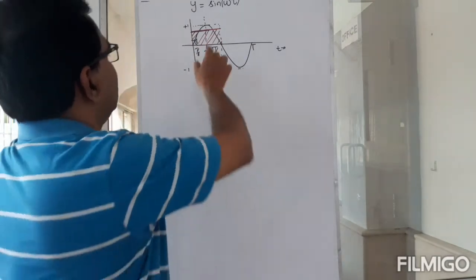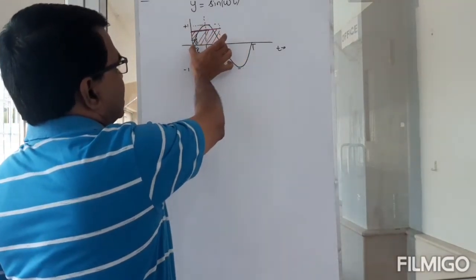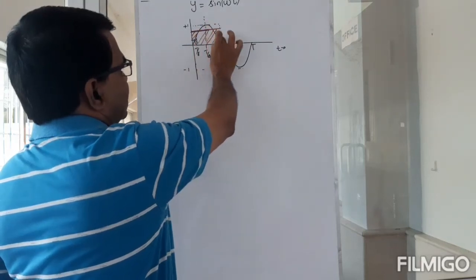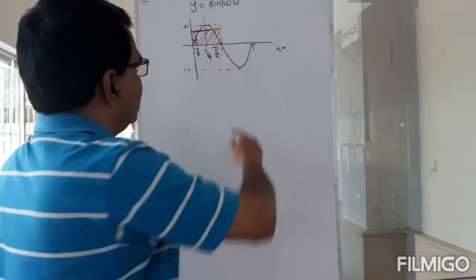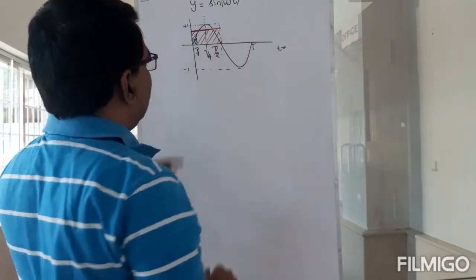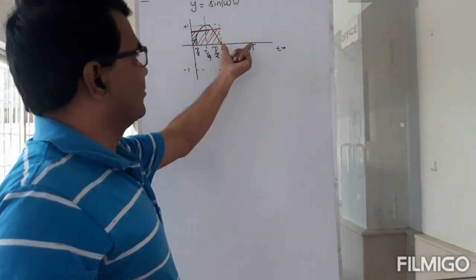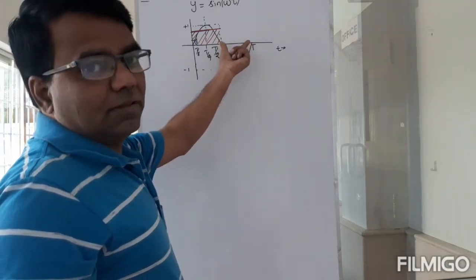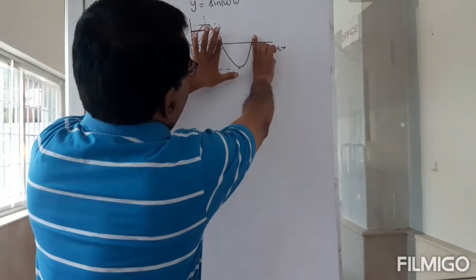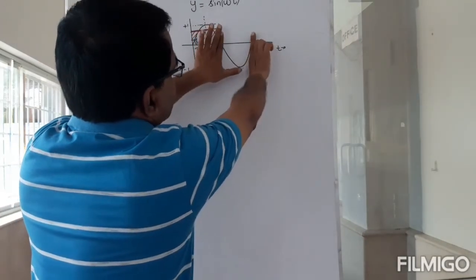Well, these are all positive values, and this is the same time, so I'll get some positive number here. Notice this. This is all negative, and I'm going to integrate for the same time. Here, this half is negative, and this is positive.